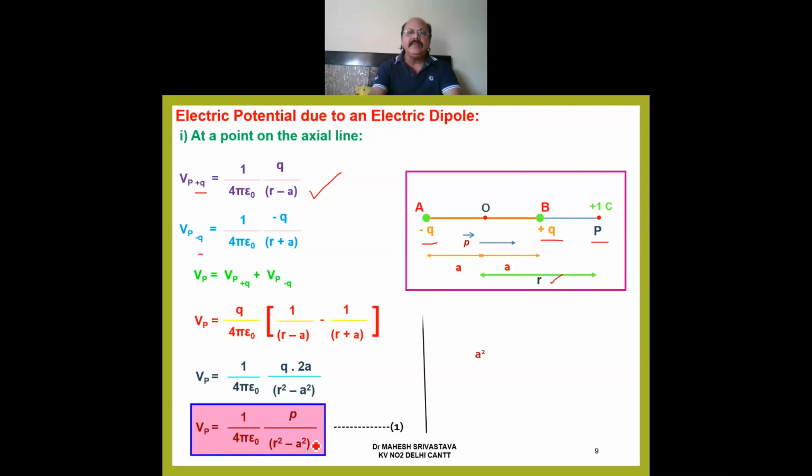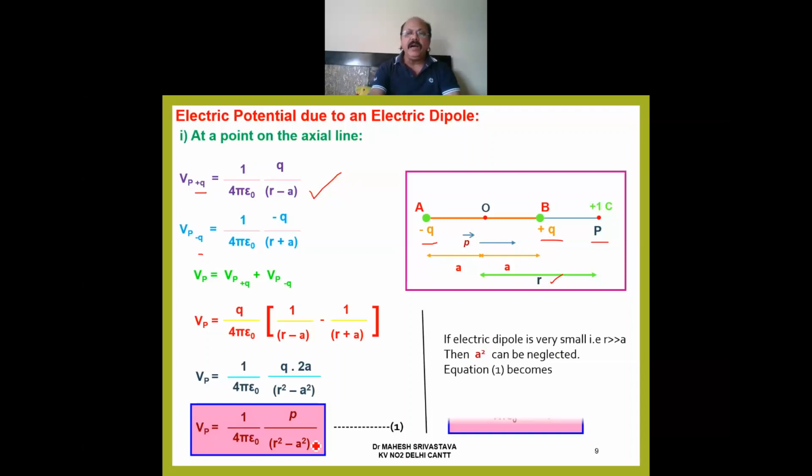Now we say that if the electric dipole is very small, that is r is greater than a, then a square can be neglected from equation 1. Then equation 1 becomes Vp equal to 1 upon 4 pi epsilon naught P upon r square.